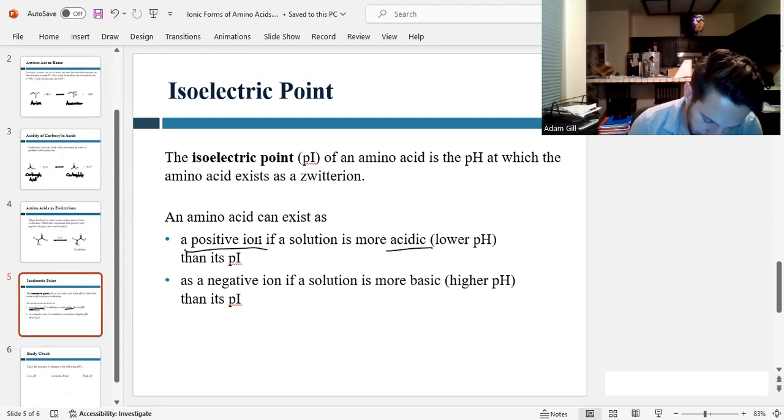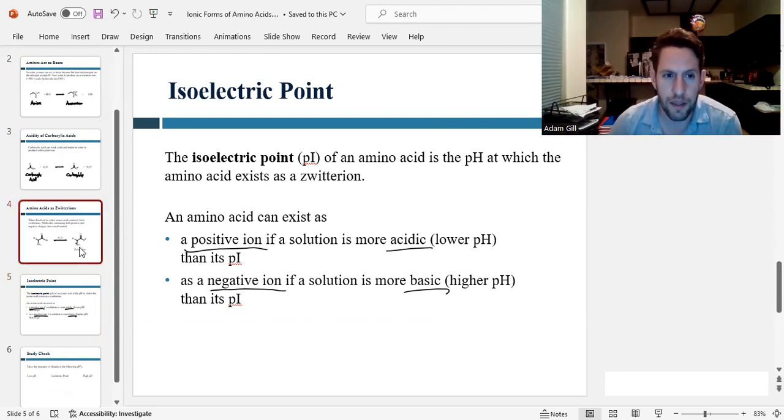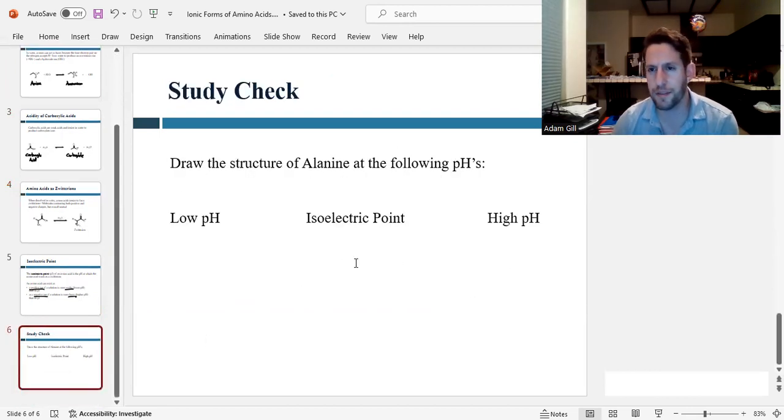And if you dissolve it in a basic solution, you can form a negative ion. So the charge state on the individual functional groups depends on pH. So let's do an example. We're going to draw the structure of alanine at the following pHs.